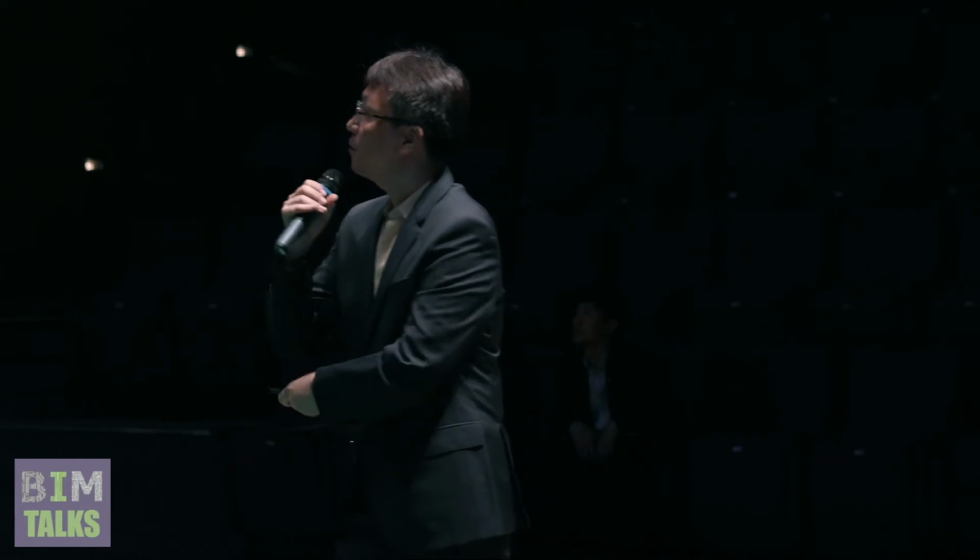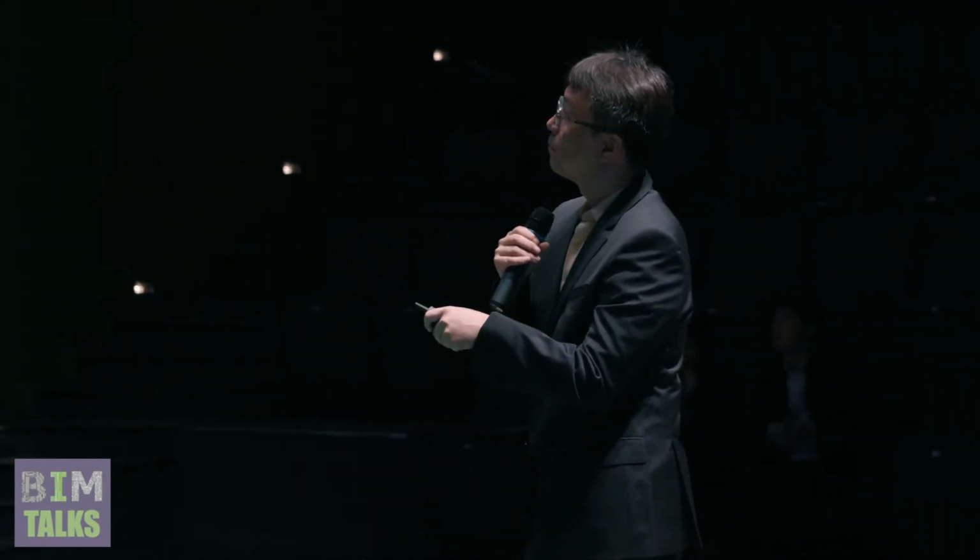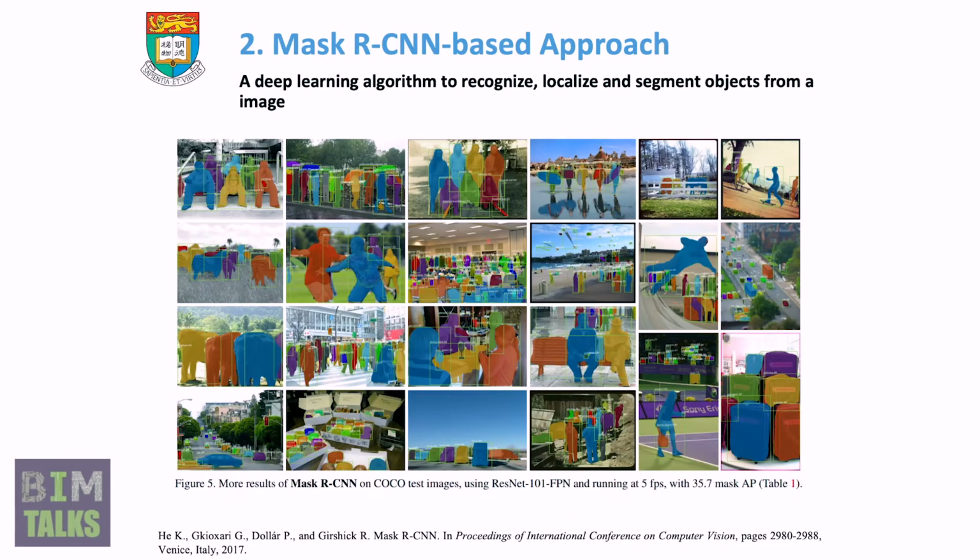So once we have this promising result, we move on to the next step, which is deep learning based. Just to briefly introduce Mask R-CNN, that one was developed by computer science people and published in 2017.